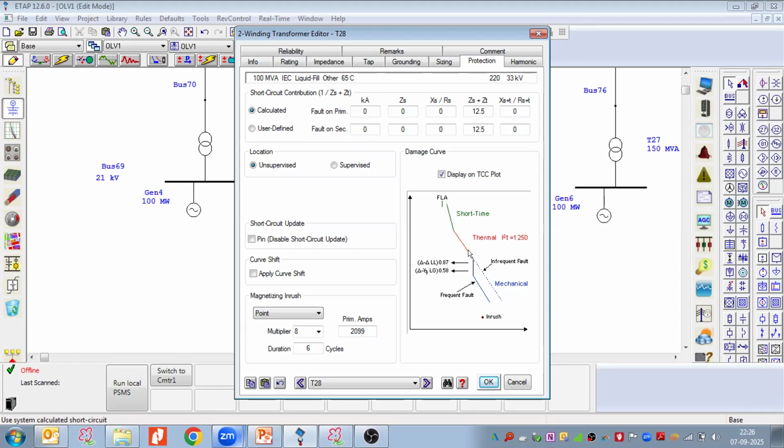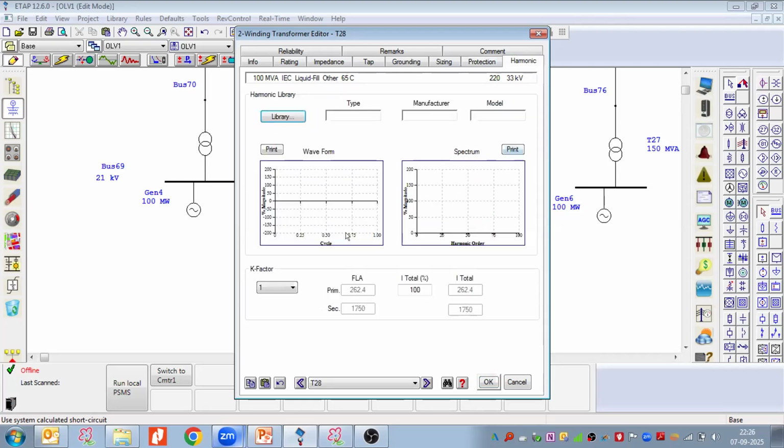So all my relays should operate before this curve. We will set all this when we come to relay coordination. So we will coordinate the relay curve with this transformer damage curve. This option we will see during the relay coordination topic, and here we will select the values.